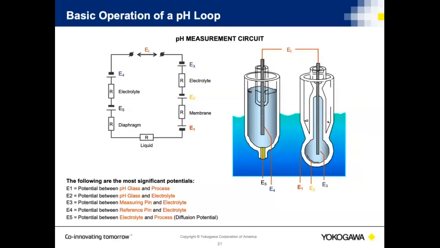I won't go into the detail here because it gets into some pretty nasty circuit analysis. The reality is what you have is a voltage that is developed between the 2 electrodes. One is the reference electrode on the left, and the other one is the measuring electrode. They're both silver-silver chloride electrodes.